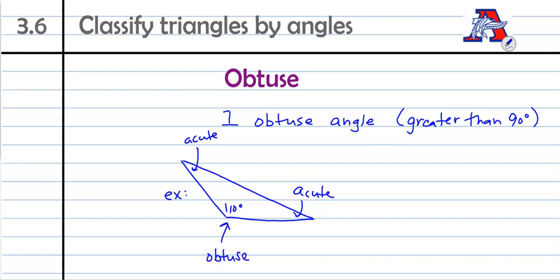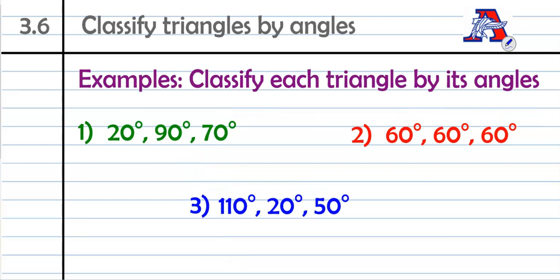All right, so we're just going to fly through a couple examples here. This is a pretty simple concept. Just looking at these numbers, we're going to classify the triangles. For the green one, example 1, we have a 20 degree, a 70 degree, and a 90 degree. Those 3 numbers add up to 180, so that's good. And since we have that 90 degree angle, this would be considered a right triangle.